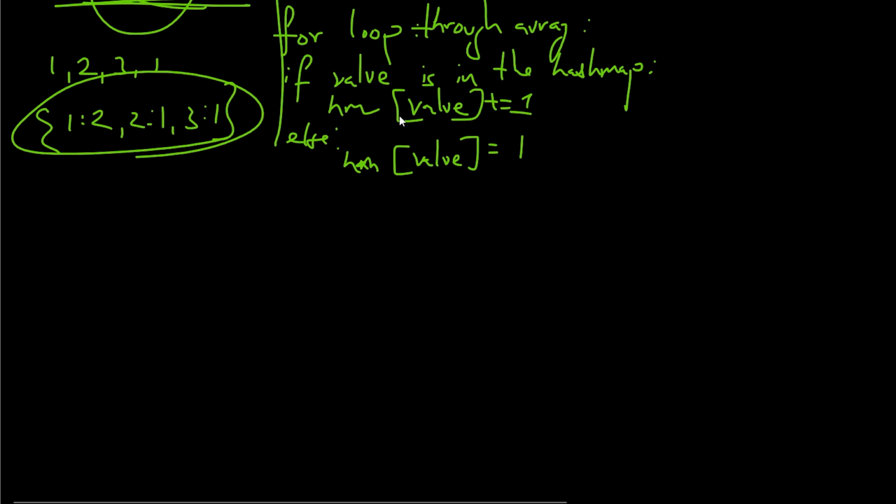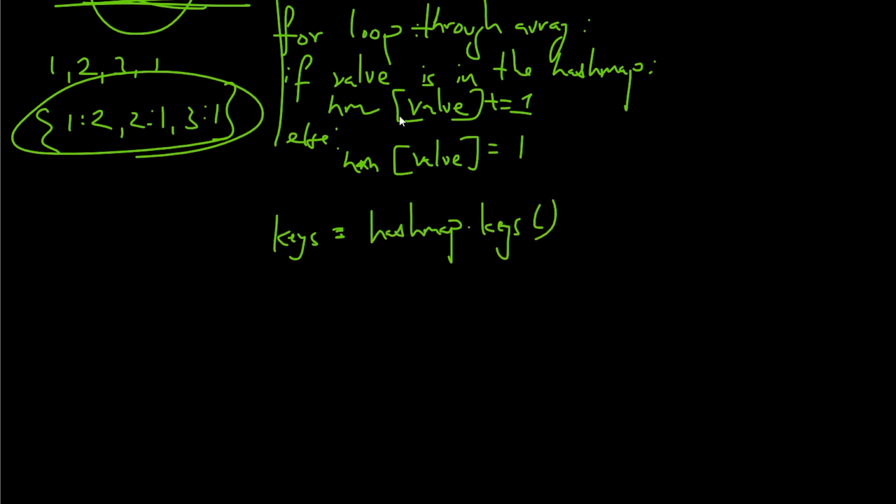Apart from the value, you are going to check for the keys. Keys are essentially what you have on the left. So I will check the hashmap keys, and I will run a for loop for keys.